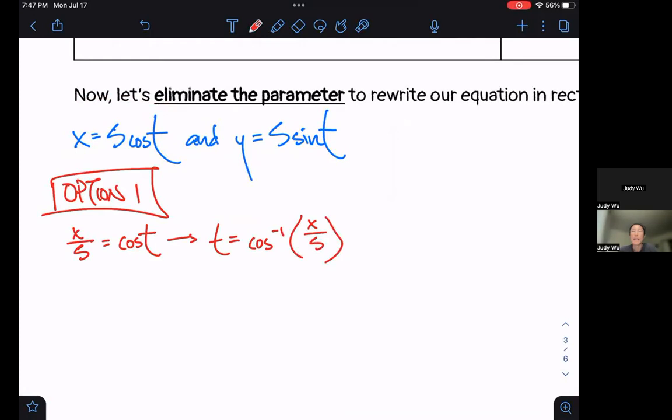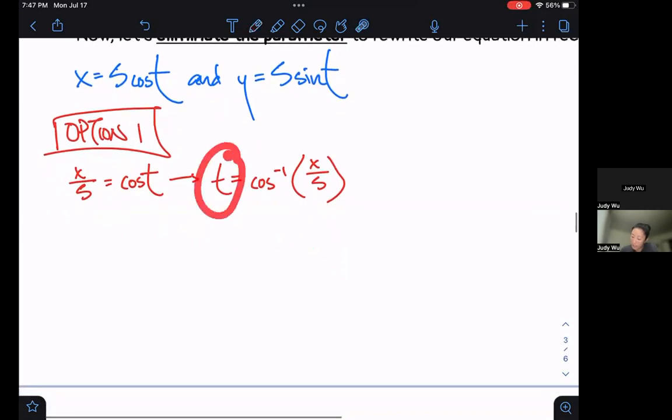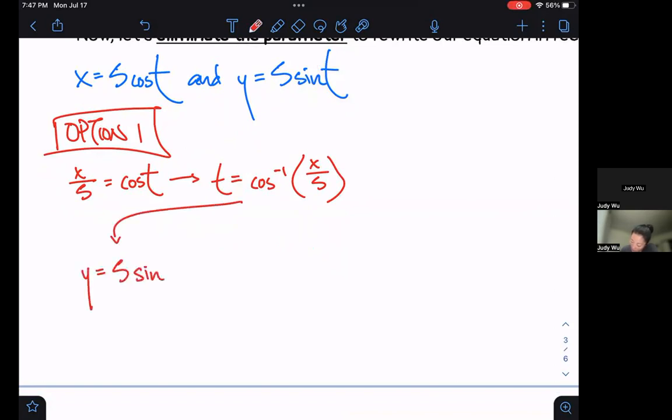Now, there is nothing mathematically wrong with what we're doing so far. Everything is mathematically accurate. But now, if I take this t and plug it into the y equation, I get y equals 5 sine of inverse cosine of x over 5.